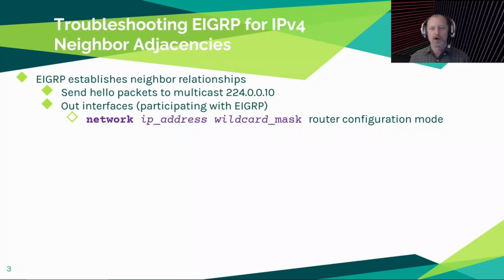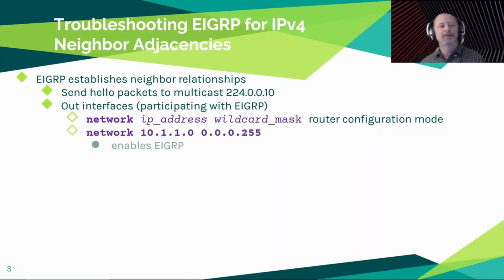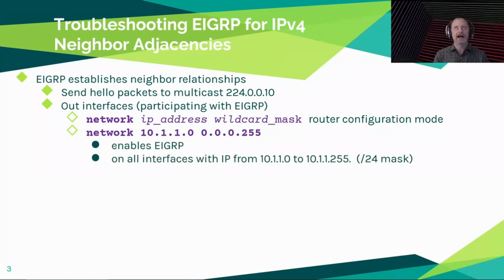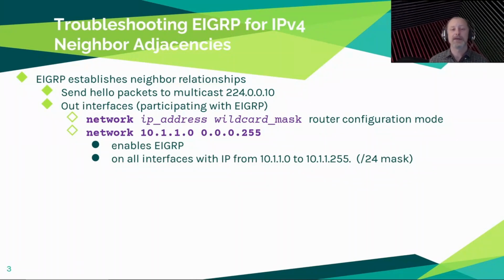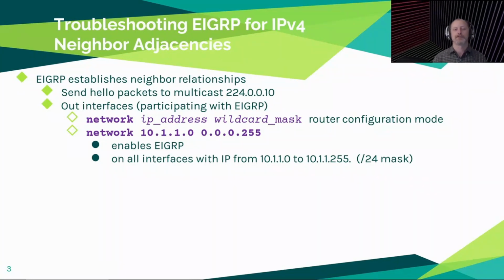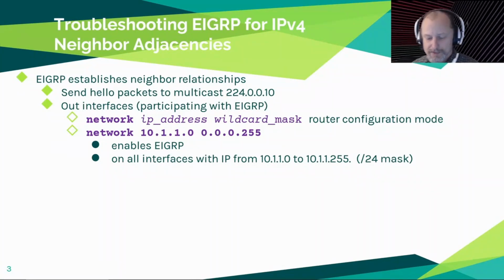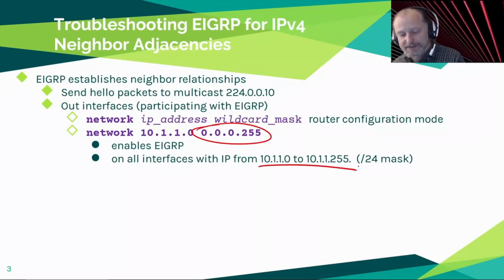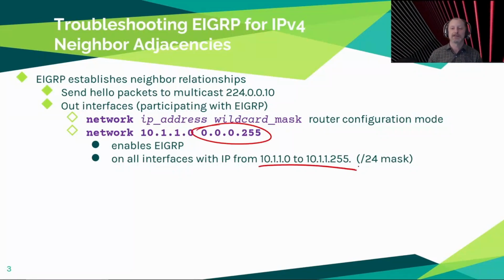In this example, this /24 network command is going to turn on EIGRP on any interface that has an IP address from 10.110 to 10.11255, right? Because this /24 mask establishes that range of IPs.